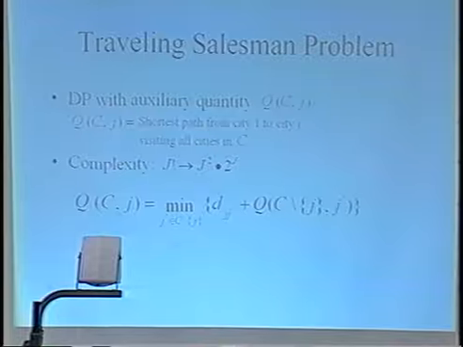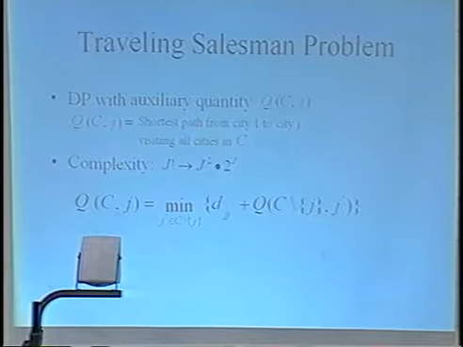So now we'll sketch this dynamic programming solution to the traveling salesman problem. The dynamic programming solution evaluates the following auxiliary quantity. So this C is like a set representation of the cities that I've already visited.